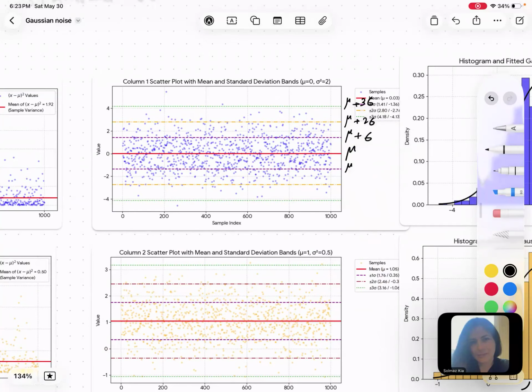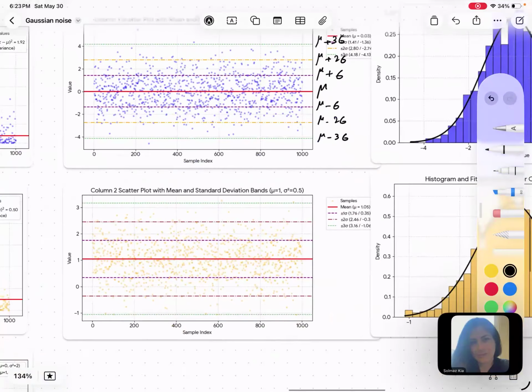And then because it's plus and minus, we have mu minus sigma, mu minus 2 sigma, and mu minus 3 sigma. And this is again mu plus sigma, mu plus 2 sigma, and mu plus 3 sigma. This is mu minus sigma, 2 sigma, mu minus 3 sigma.